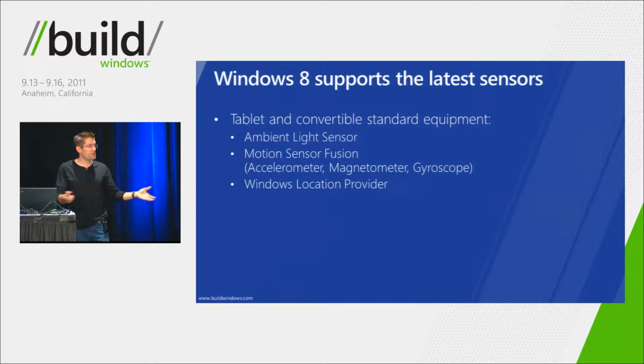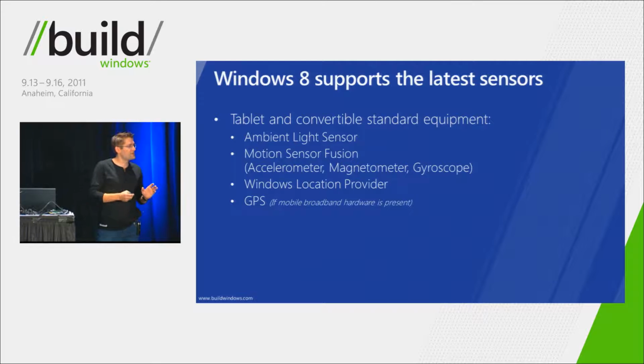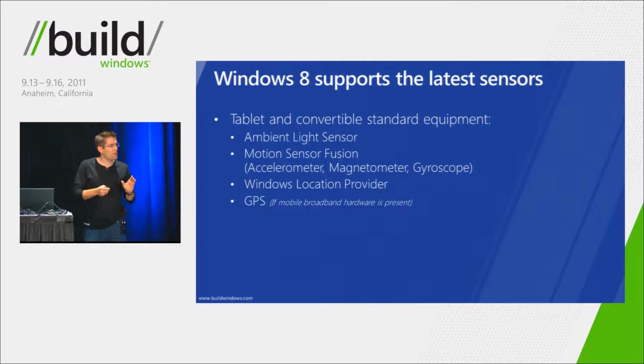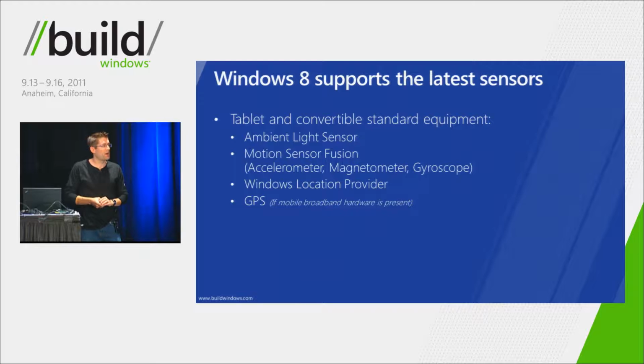So that's great when your users are indoors. What about outdoors? Well, for all systems that support mobile broadband hardware, GPS is available as well. So regardless of whether your users are indoors or outdoors, they're likely to have location data available, and your apps can take advantage of that location data.